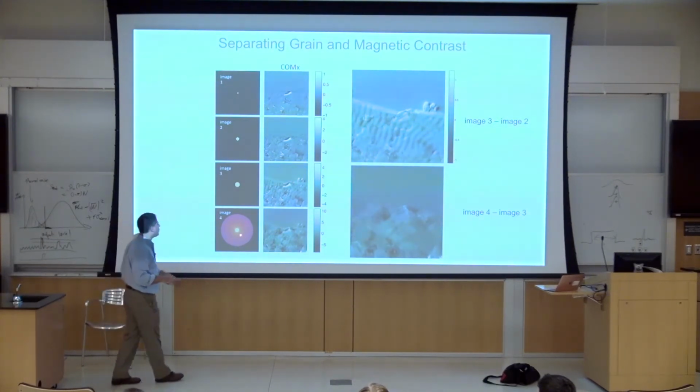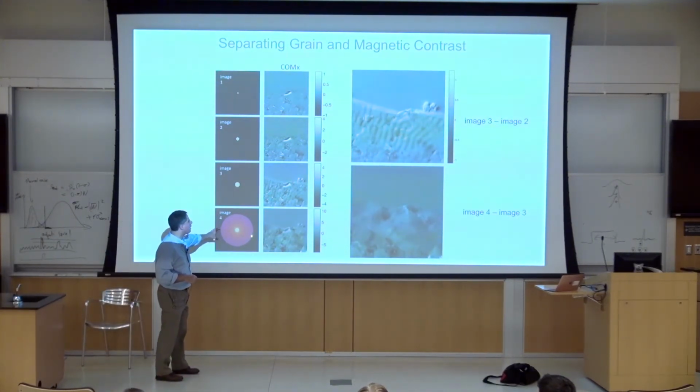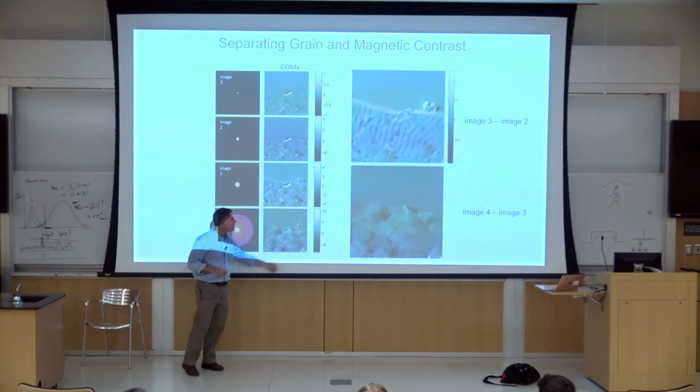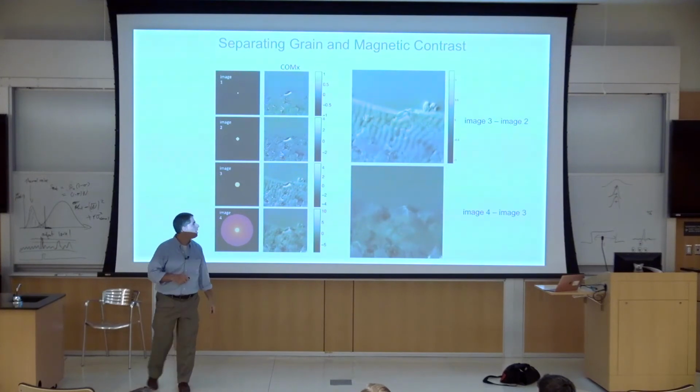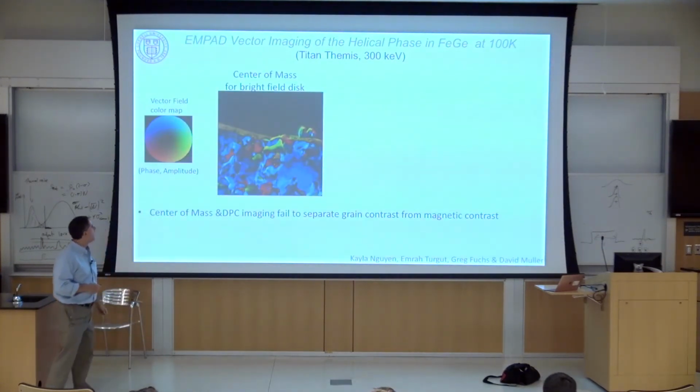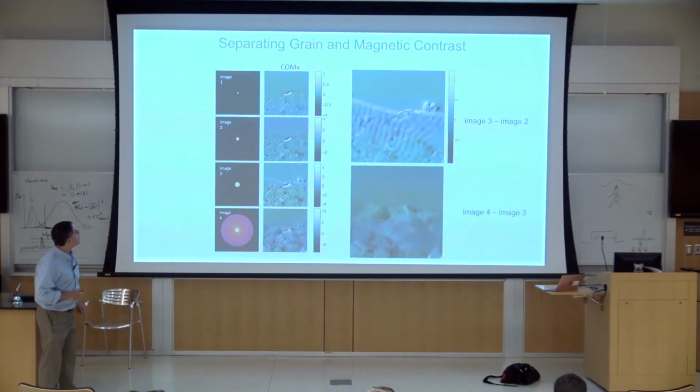If I look at the contrast at large angle scattering and at the center of mass, then I'm going to get the shift of the Ewald sphere, and I'm going to get grain contrast. So those features are probably about 20 nanometers.